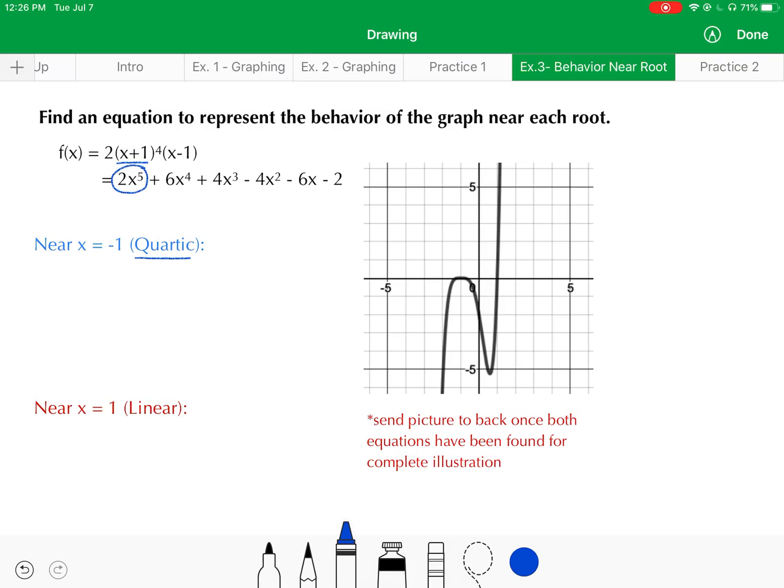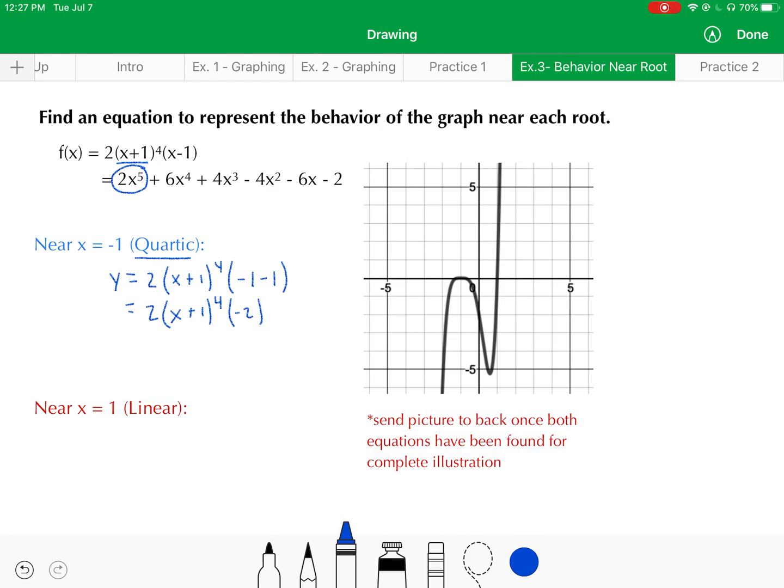So that's ultimately going to lead me here. I'm going to say that y equals 2 times x plus 1 to the fourth times -1 minus 1, okay? So notice what I've done. I've just plugged -1 into the variable x in the factor that it didn't actually come from, okay? Now I'll simplify that a little bit here.